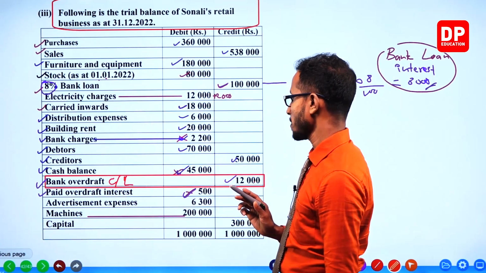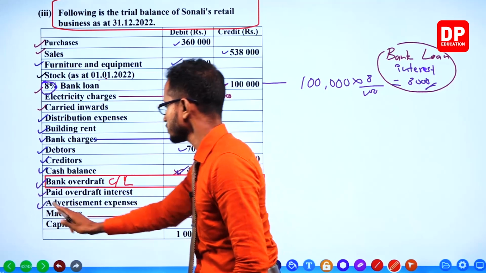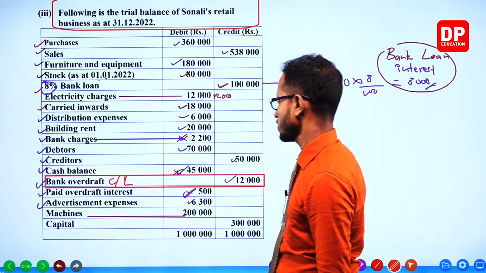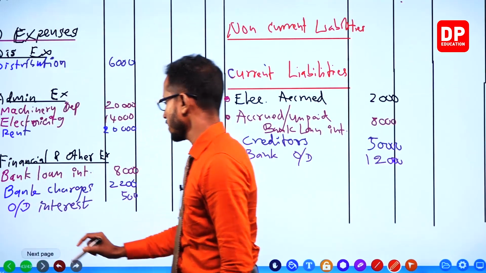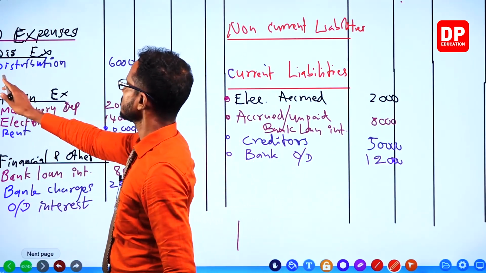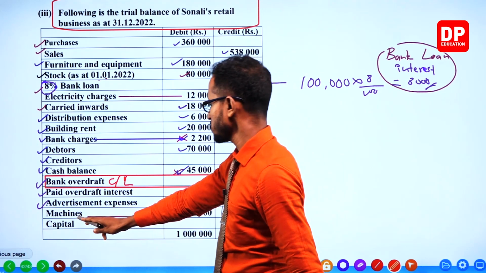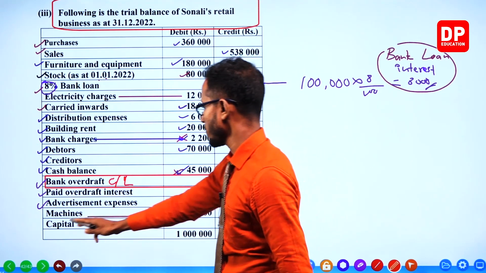Is it done? No. Advertising 6,300. That is a distribution expense. Advertising 6,300. Done. Machines we have already recorded, that's why we have marked.